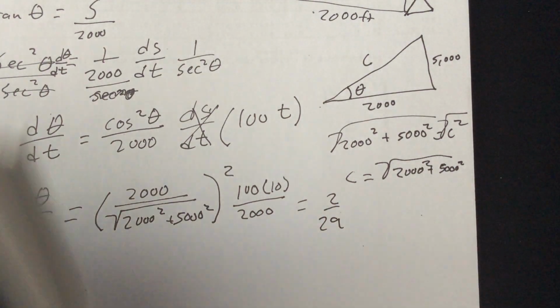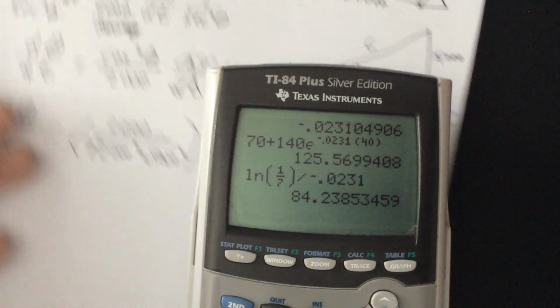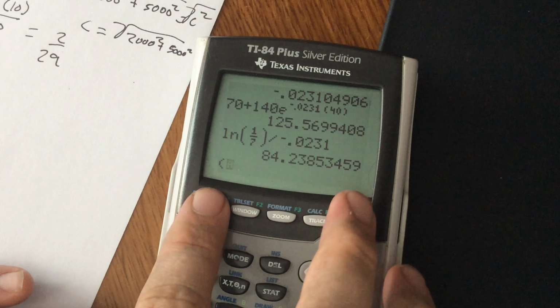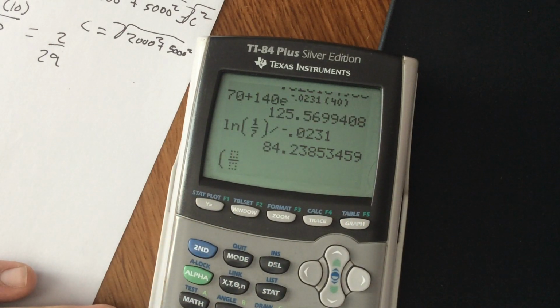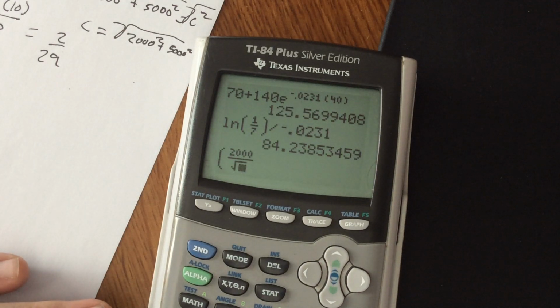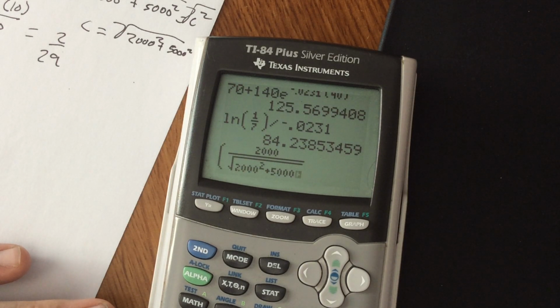And if you don't believe me, let's put it in the calculator. I'm going to put parentheses, and I'm going to go into my fraction button. On top, we have 2,000. On the bottom, we're going to have a square root of 2,000 squared plus 5,000 squared.